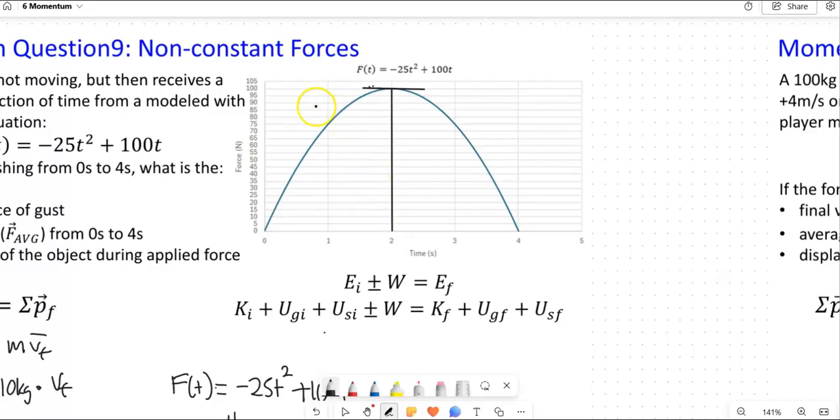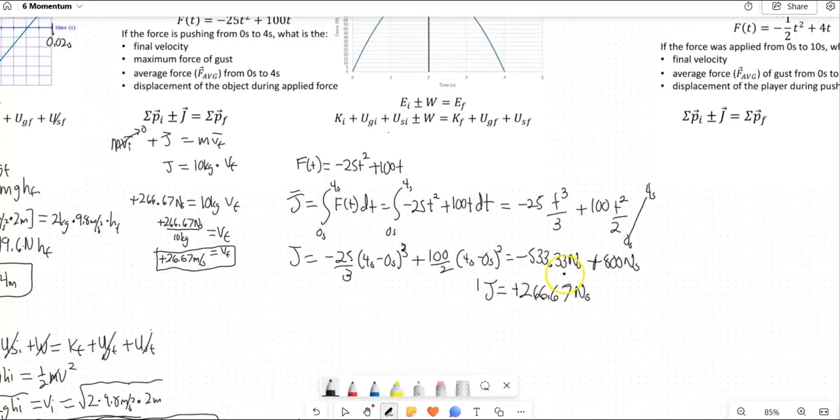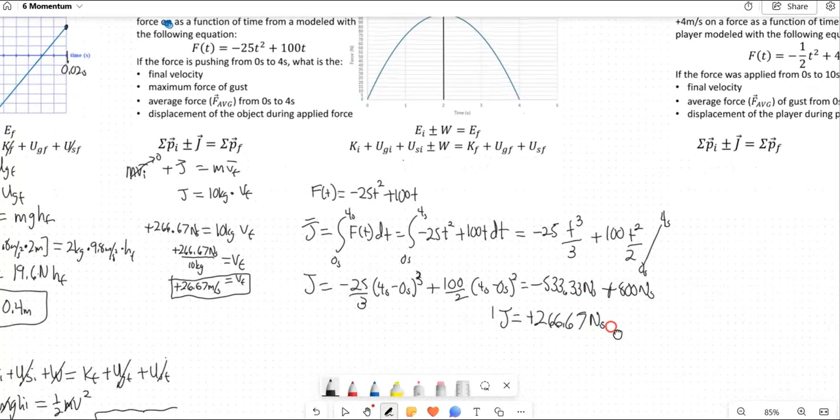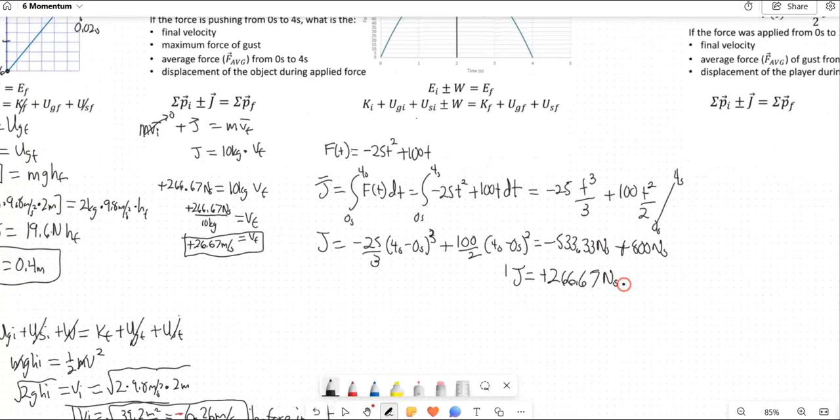At 2 seconds, okay? Which looks like it's 100, okay? There's a lot of ways to do it to figure out that maximum force of the gust.